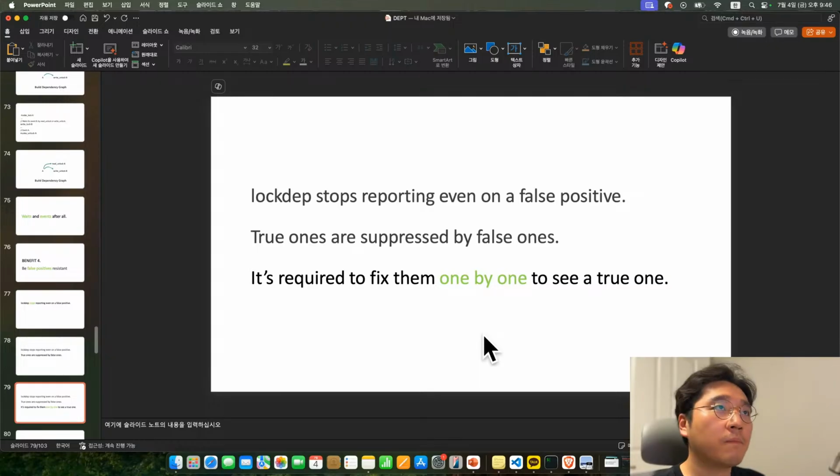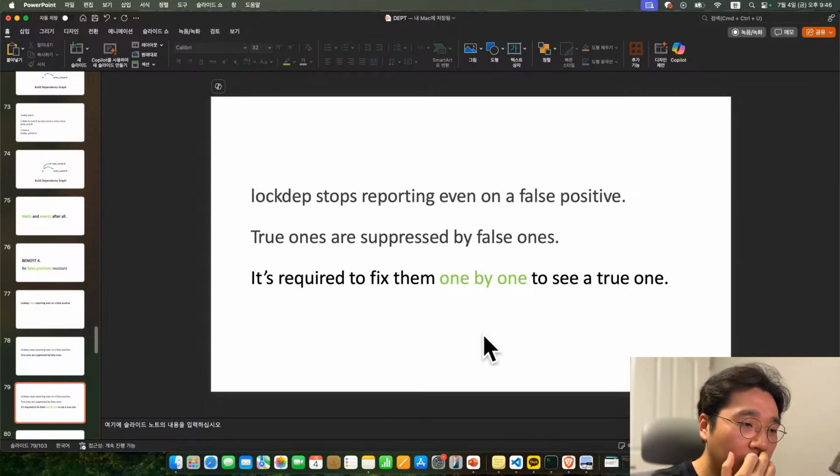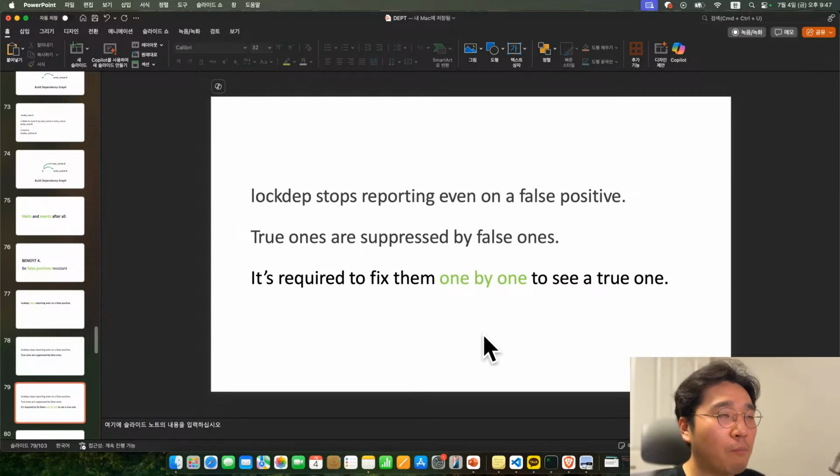I need some example for what you're saying. I heard that some people who suffered from Lockdep don't believe Lockdep's reporting.